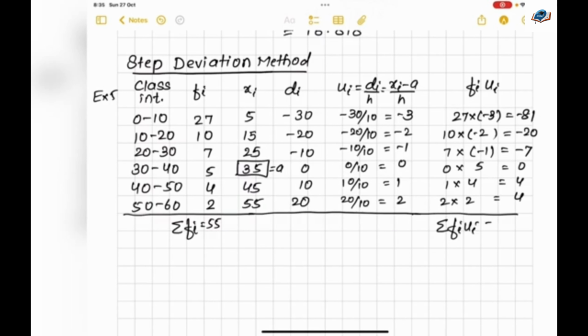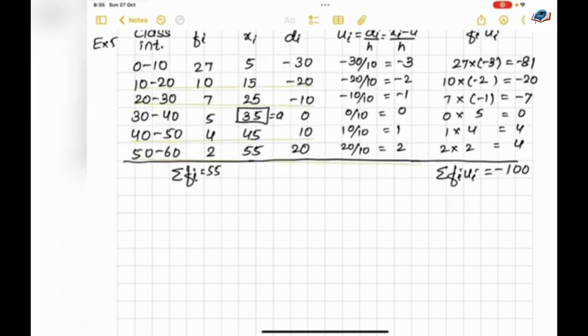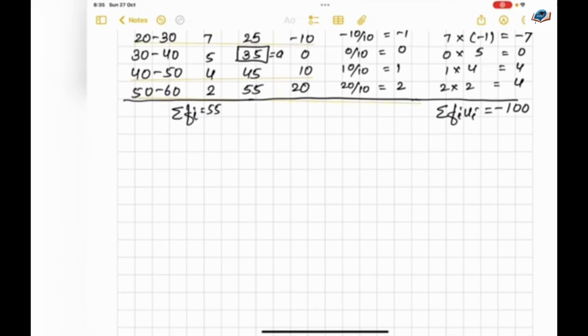See here, this method will be the easiest. You have to do more calculation, but at the end your answer will be very short. So it makes your answer smaller and easier to calculate. Now, the step deviation mean formula is mean x bar equal to A plus sigma fi ui upon sigma fi into h.